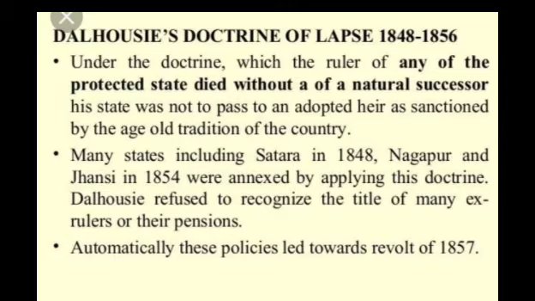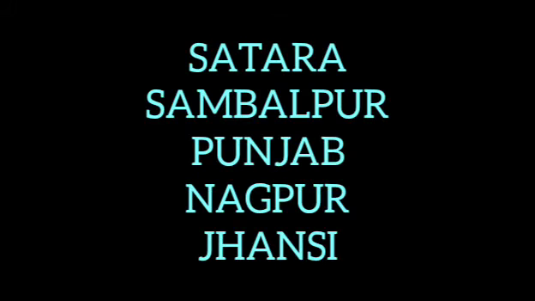That is, the territory was under the control of the British. Through this doctrine of lapse, the British annexed Satara, Sambalpur, parts of Punjab, Jhansi and Nagpur.